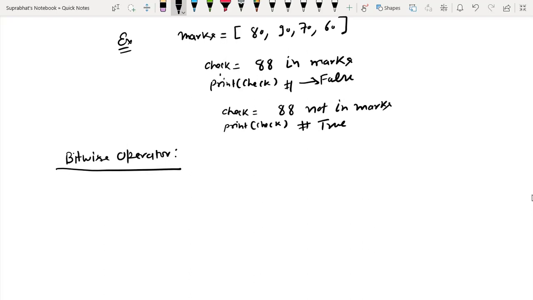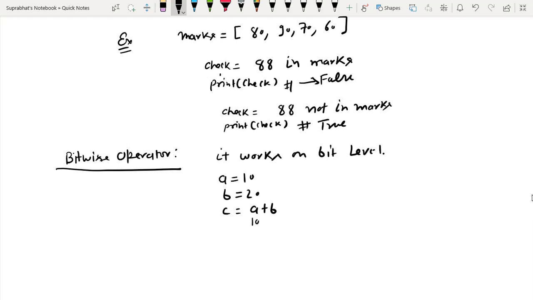As the name implies, the bitwise operator works on bit level. What does it mean? Normally, if I am using a equals 10, b equals 20, then c equals a plus b, it is normal addition.